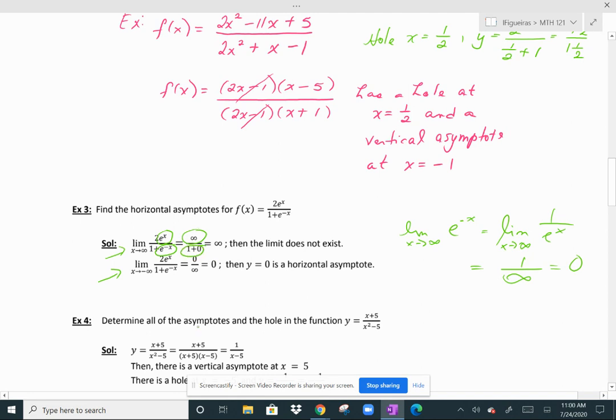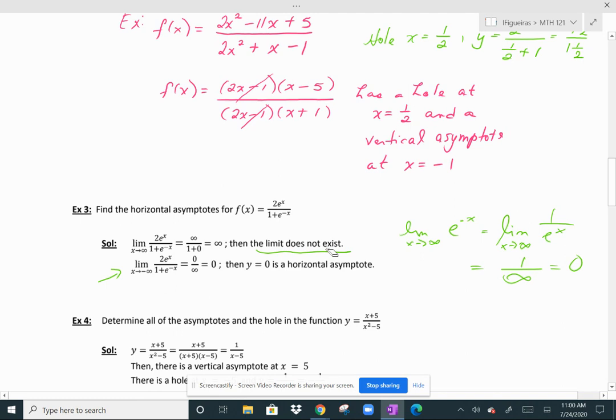So infinity over 1 means that it approaches infinity. Remember, you don't have a horizontal asymptote unless the limit as x approaches infinity converges to a finite number. Infinity is not a finite number, therefore the limit does not exist there. There is no horizontal asymptote as x approaches infinity.